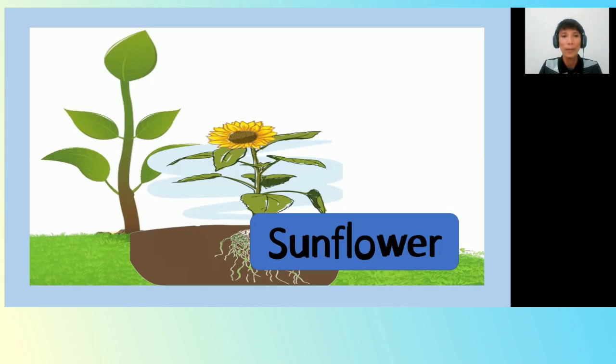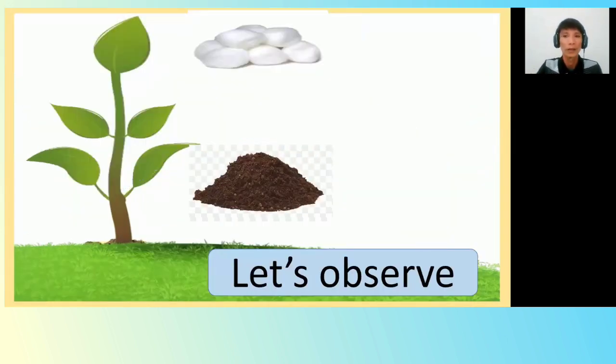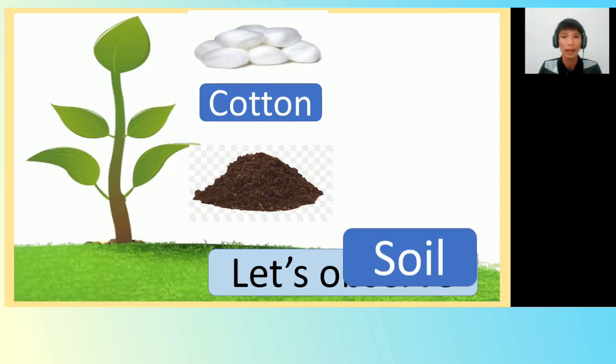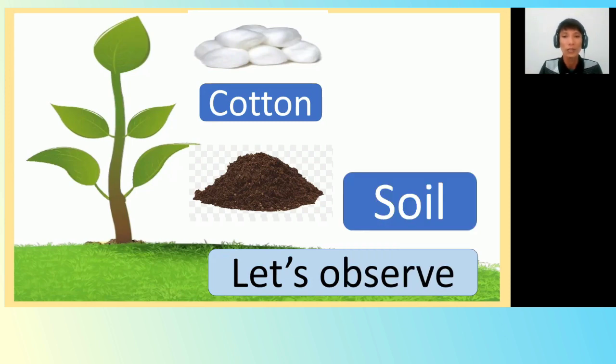Okay, in the following picture, let's observe. What kind of photo is this? We have here cotton. That is cotton. And the other one is soil.